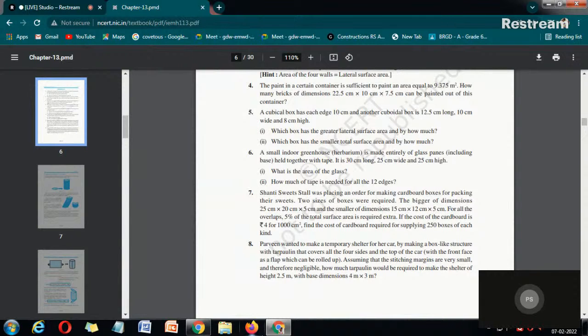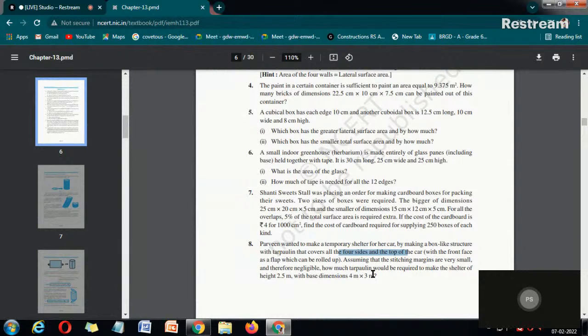Okay, clear. So what are they talking about, guys? Are you understanding? See, this is the main thing: four sides and the top. They're not saying the bottom. Then we'll use the first formula we have seen, 2(LB plus BH plus HL). But here we are not including the 2 for the first term.